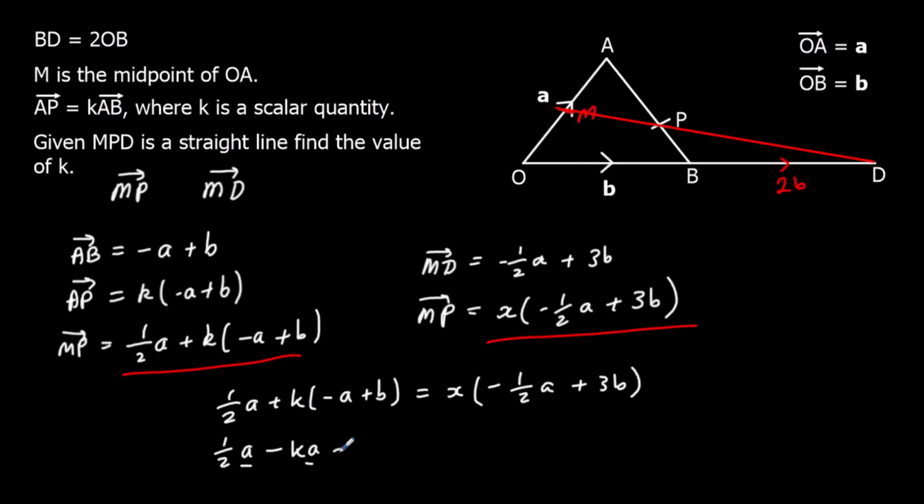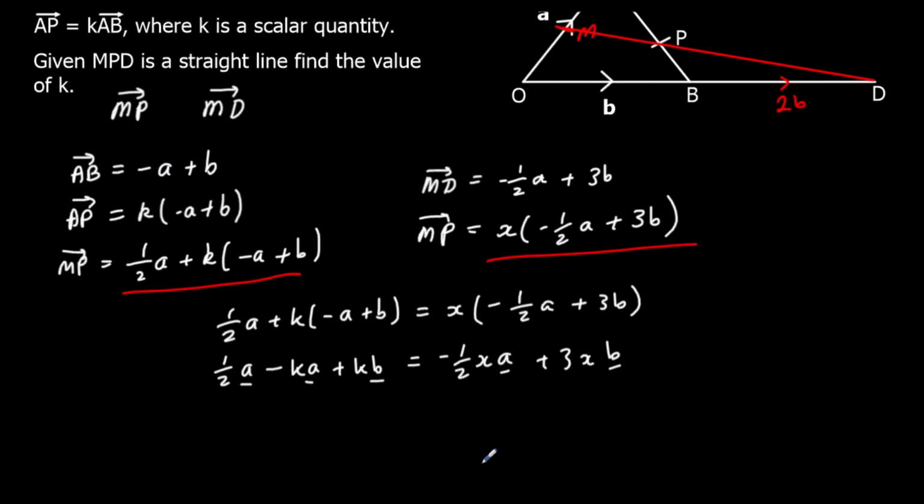K times B is KB. X times minus a half A is minus a half XA. Again, I'm writing the A's and B's on the end because X and K are just numbers. We can work them out. But A and B are the vectors. They're going to stay as A and B. And X times 3B is 3XB.